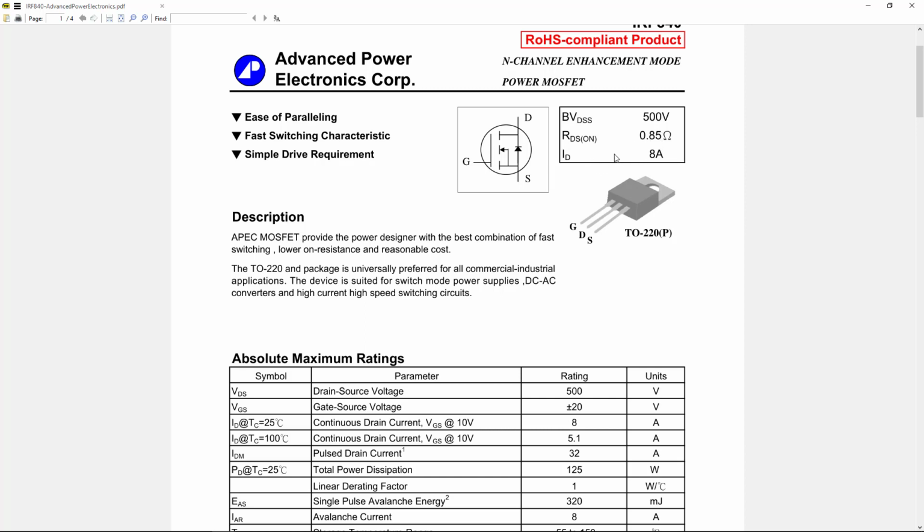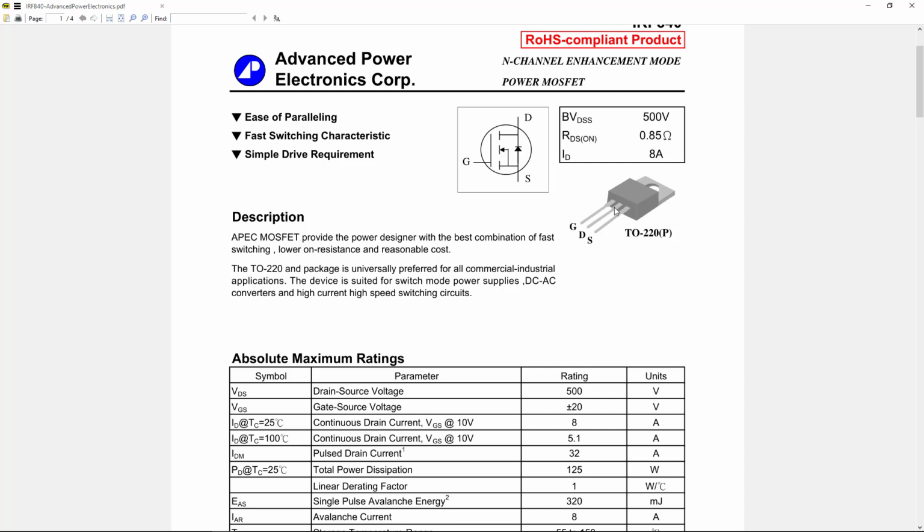That basically means if you have 1 amp of current flowing through the MOSFET here, you're going to have almost 1 watt of power burning there, just getting lost, wasted. If you have 2 amps, that power is just going to increase. If you have 4 amps, 8 amps, and so forth, you're just going to have more power being dissipated into heat. This is why you have to mount them on a heat sink to improve the efficiency so that they don't burn out.